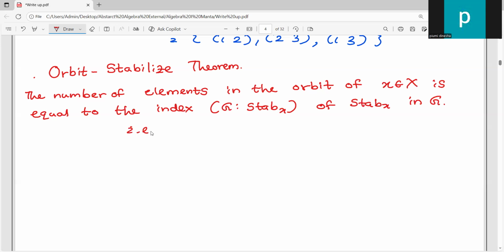So if I simply write it, this means the number of elements, the order of orb x, is simply equal to this index.